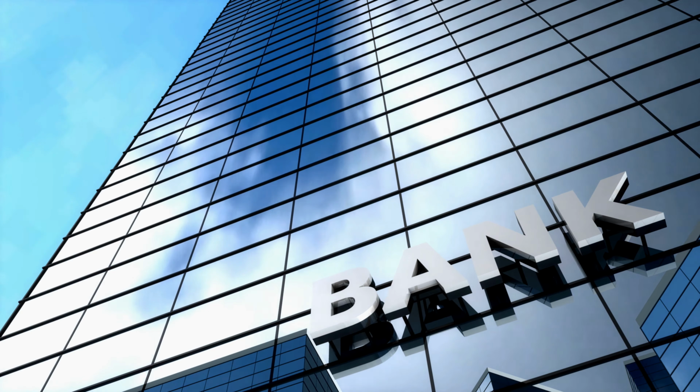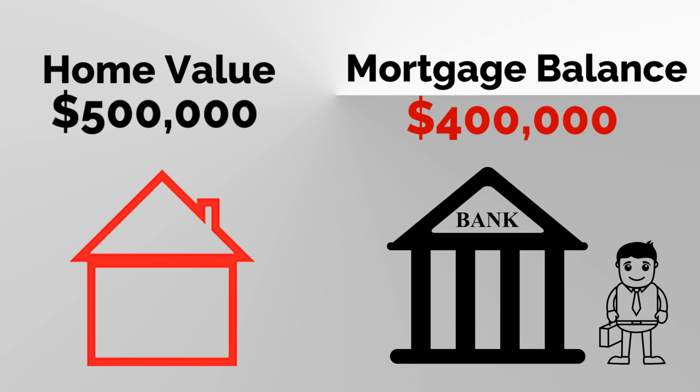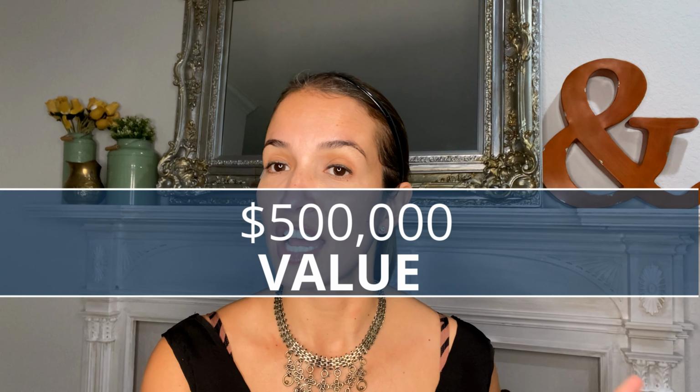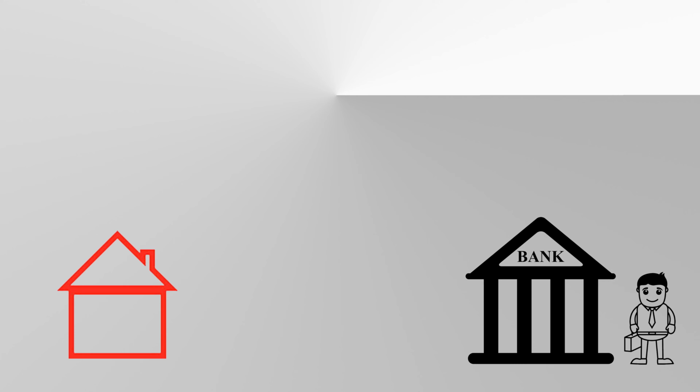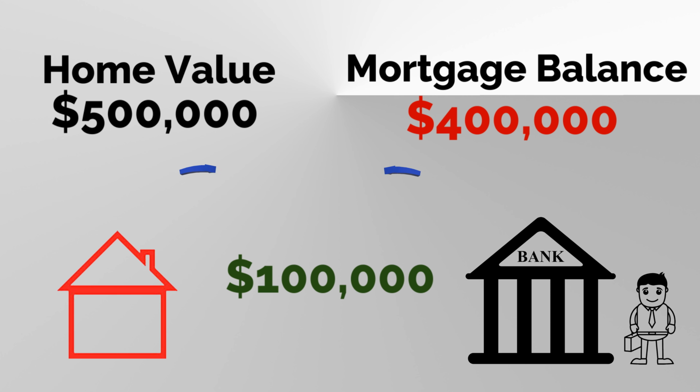After 5 years, Peter owes the bank $400,000. We're gonna put it right there on the right side. It means that Peter, the owner of the house, has a $500,000 home value, but he owes the bank only $400,000. So for Peter, the equity is $100,000 at this point.